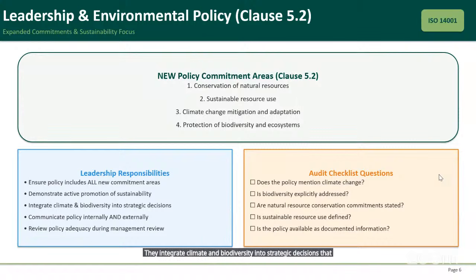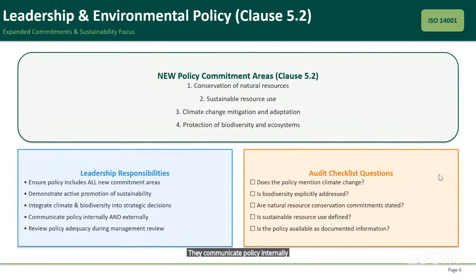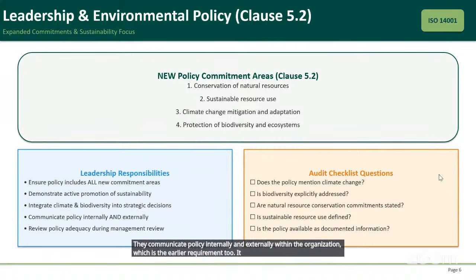They should look at their products, processes, equipment, chemicals, and raw materials, and how these lead to or integrate with climate change and biodiversity. They communicate the policy internally and externally, which is the earlier requirement too. It's not a new thing. Then review policy adequacy during management review. This is also in the earlier version.